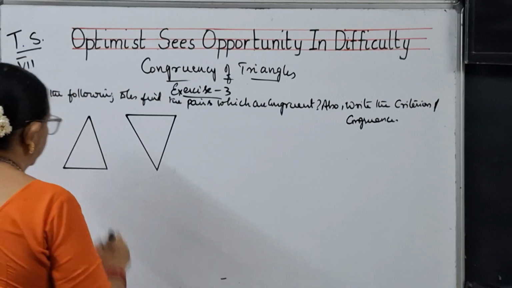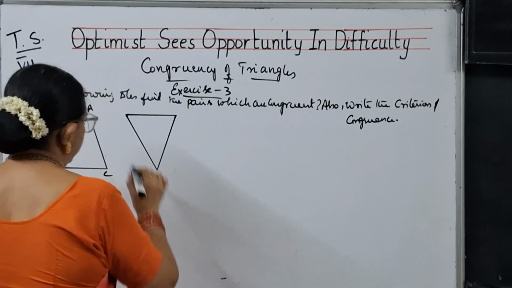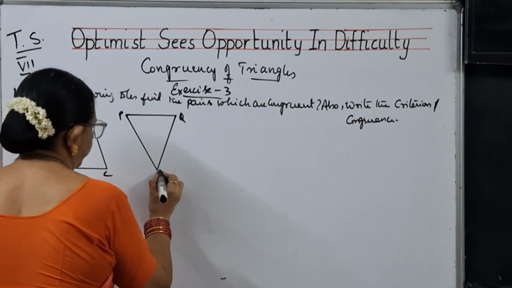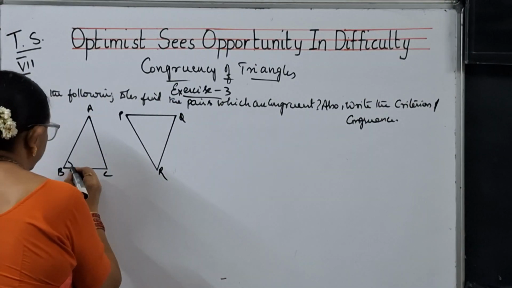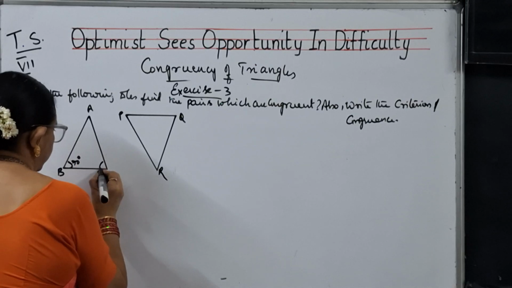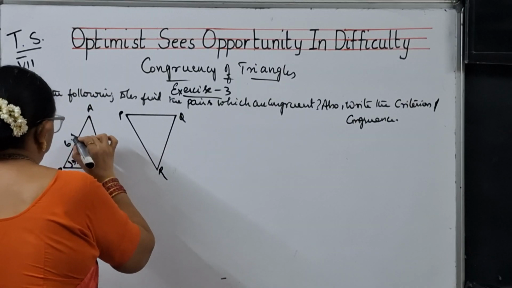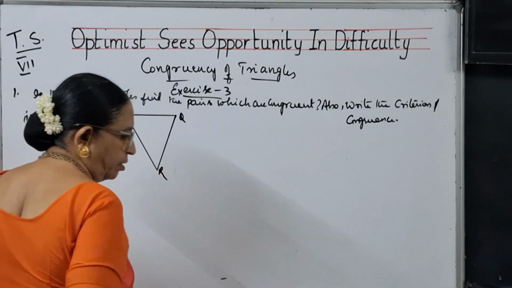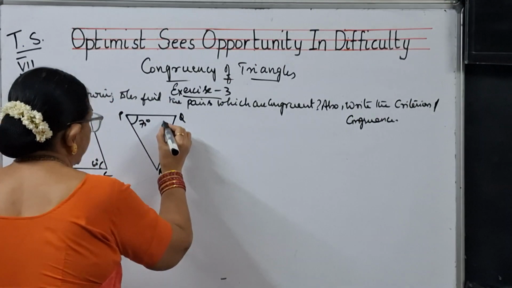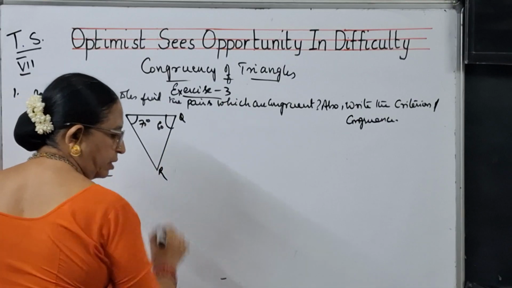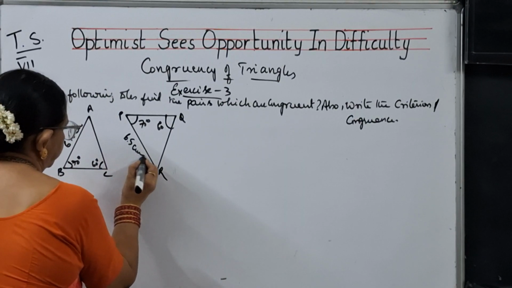So this is A, B, C, and this is P, Q, R. So what is given to you, children? This is 70 degrees, this is 60 degrees, and this is 6.5 centimeters. And here angle P 70 degrees, angle Q 60 degrees, and PQ 6.5 centimeters.